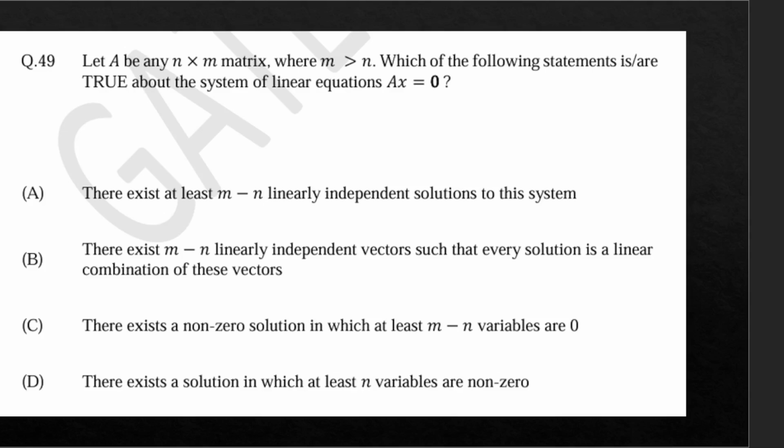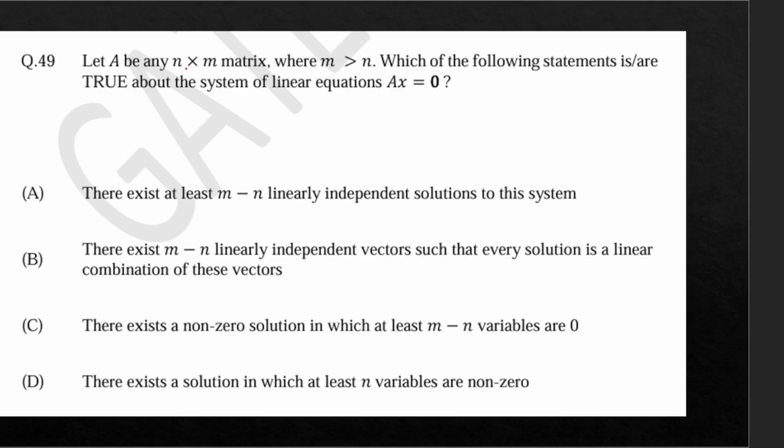This question is also very, very tricky. Okay, so let's see this question now.